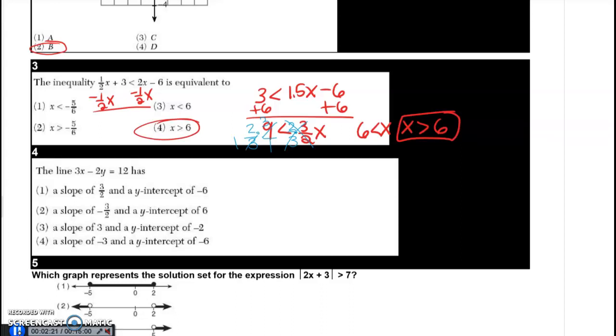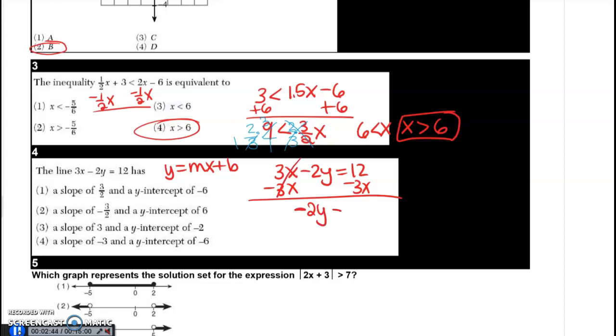Number 4 is giving you a line in standard form, and they want, if you look at all the answers, the slope and the y-intercept. So again, we're going to have to change that into slope-intercept form to identify those things. So if we take our line in standard form, we're going to subtract the 3x to start getting it in slope-intercept form. Make sure you bring down the -2y.